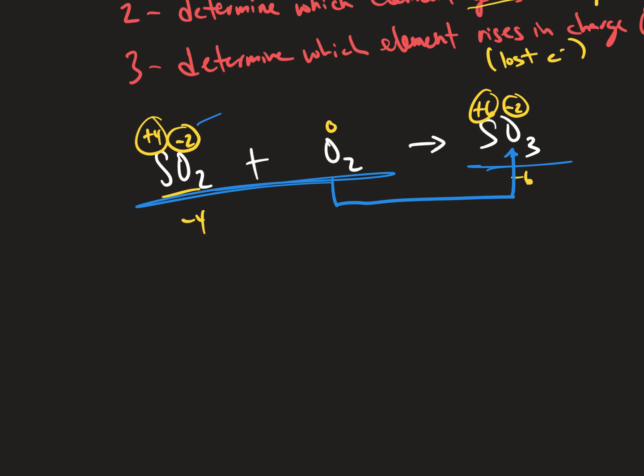So this oxygen goes from 0 to -2. That's reduced. And we can see that this sulfur goes from +4 to +6. That's not reduced, so that's oxidized. Good?